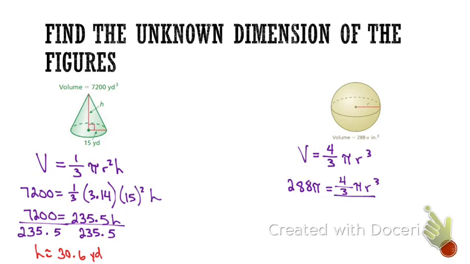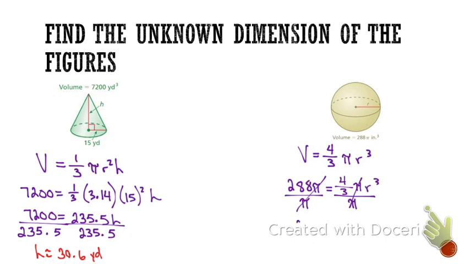We can actually divide whatever we do to one side, as long as we do it to the other, we're going to be okay. If you divide this side by pi, and you divide this side by pi, it doesn't matter what pi equals, pi divided by pi is just going to cancel down to 1.